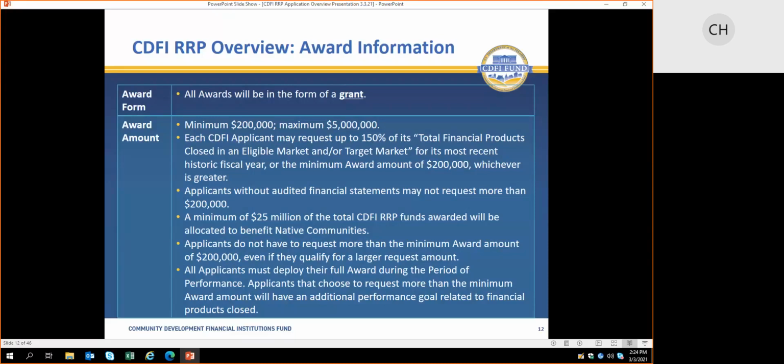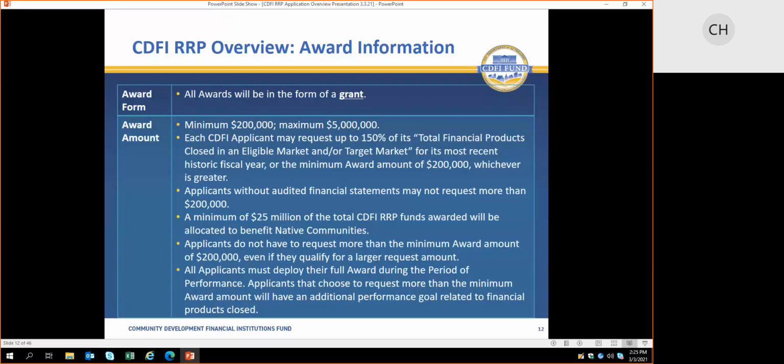The minimum award amount is $200,000 and the maximum award amount is $5 million, although we do not anticipate making awards that high. Even though organizations are allowed to request up to a maximum of $5 million, we do not expect to make awards of $5 million.